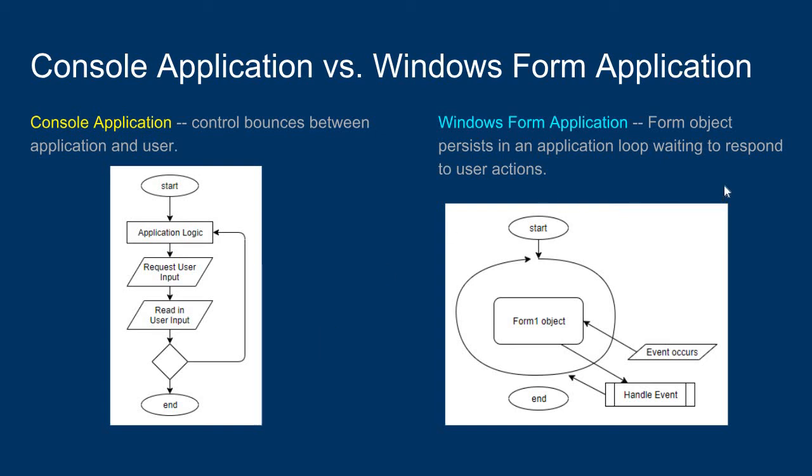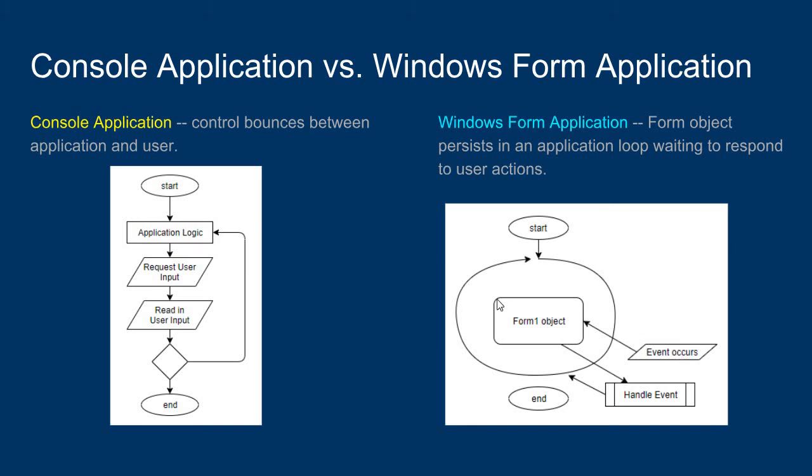In a Windows Form application, it's a little bit different. The way a Windows Form application begins is, when our application begins, a form object is created inside an infinite application loop. This infinite loop exists and it listens for specific events to occur.